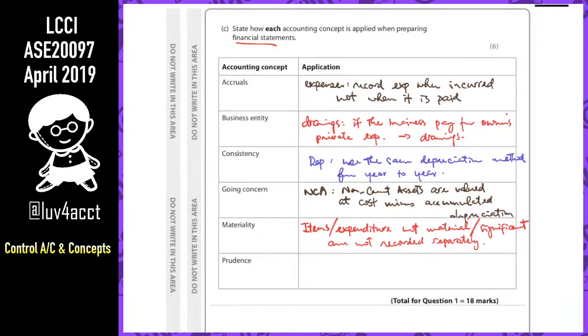Prudence: allowance for irrecoverable debts should be recognized.